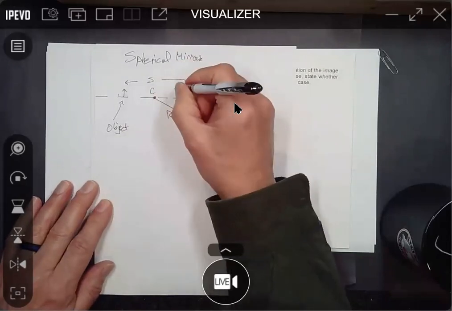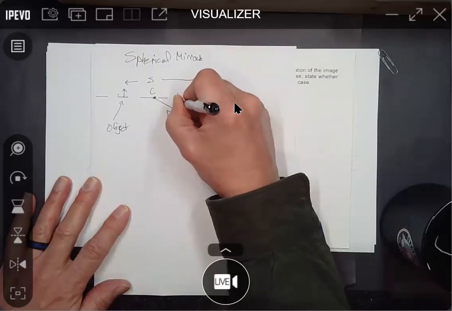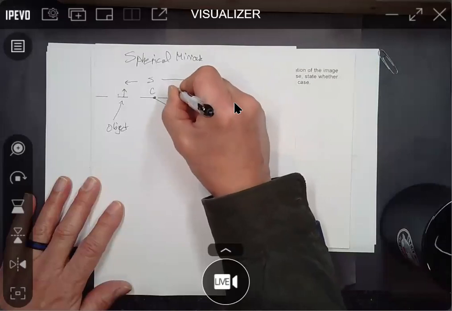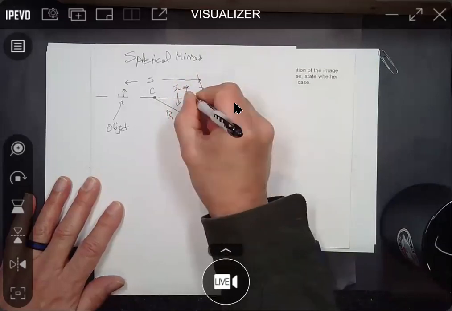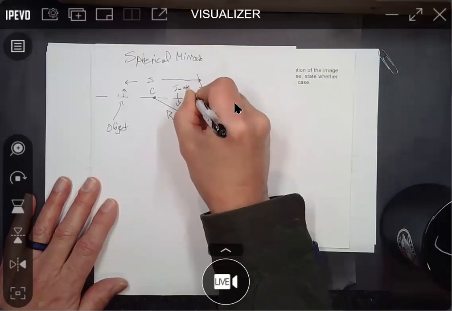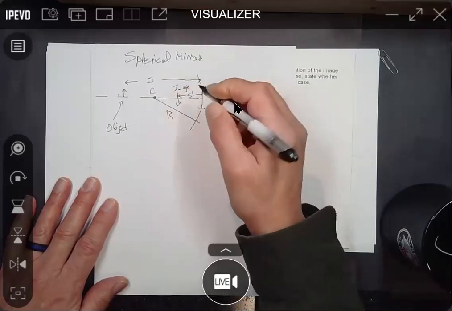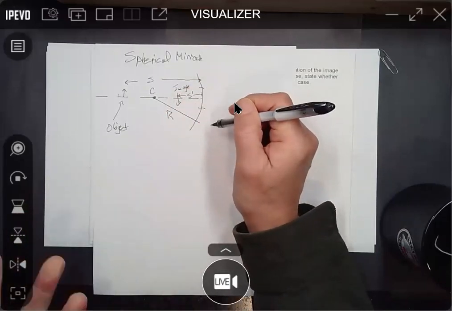But then there would be an image that forms somewhere. And maybe we're not going to worry right now about whether the image is right side up or upside down. That'll come out in the math. But if that's the image, then S prime is the distance from the image to the mirror.